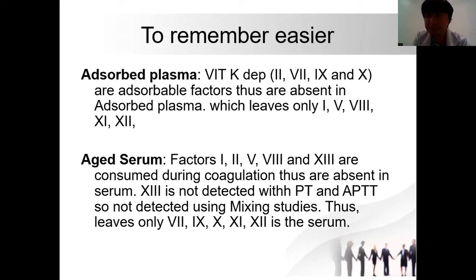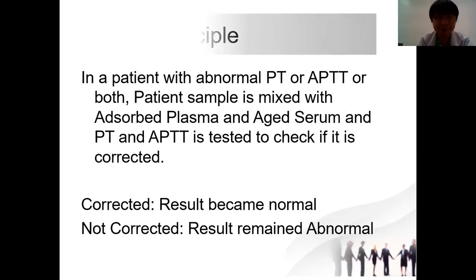They disappear from the plasma. That is why your adsorbed plasma does not have the vitamin K dependent factors, while your aged serum contains all of the components except those that are consumed during coagulation, such as 1, 2, 5, 8, and 13.